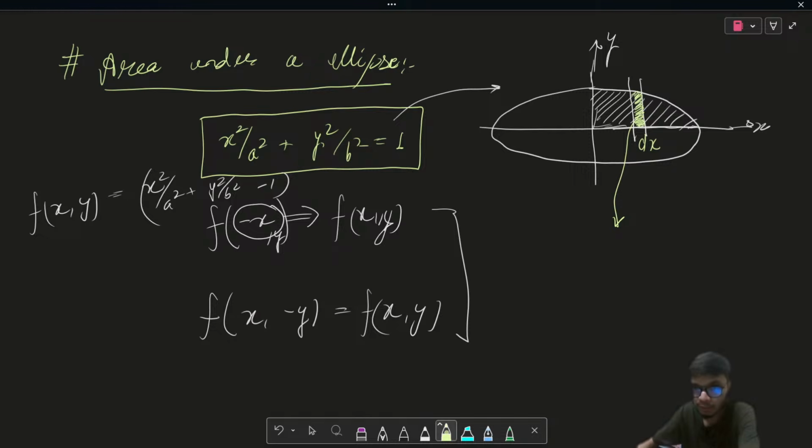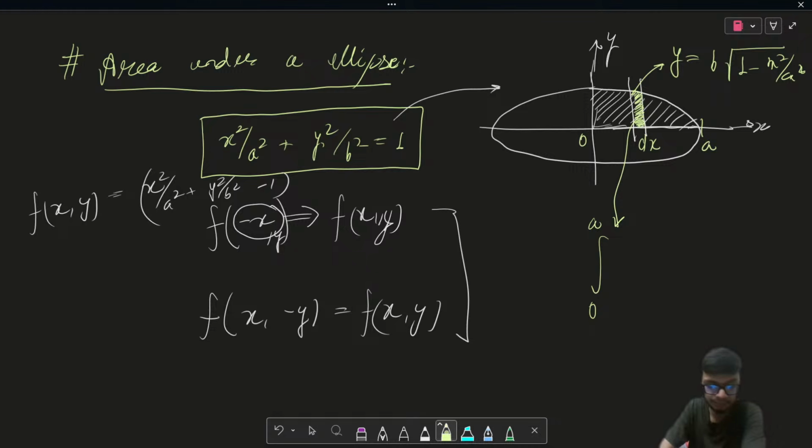So this particular small area is an integral where x goes from 0 to a, and the y coordinate can be given as y is equal to b times the square root of 1 minus x squared by a squared, right?